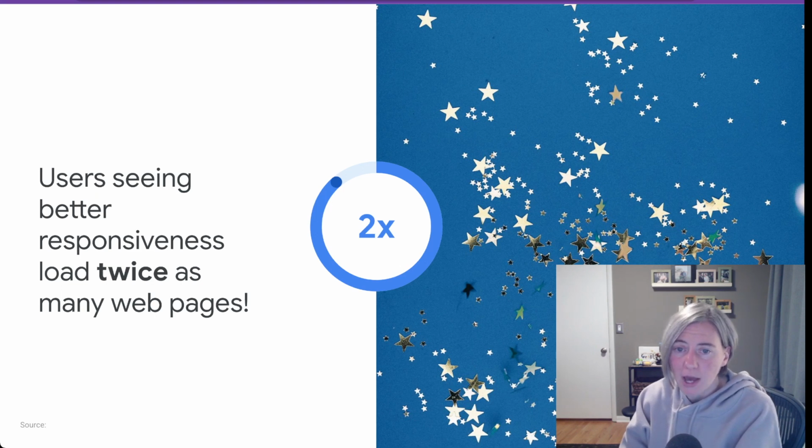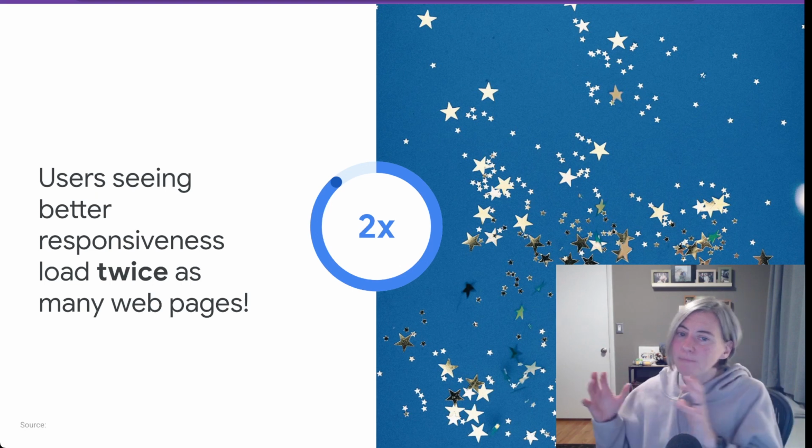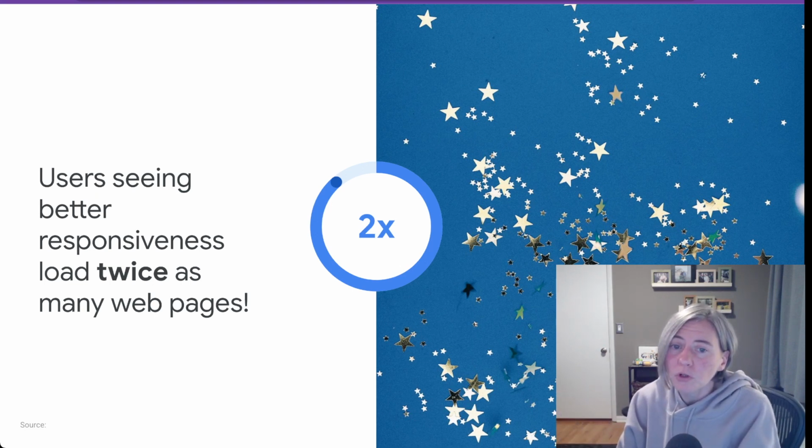When we look at the data we have in Chrome, if we split users into groups of those who experience good Interaction to Next Paint at least 75% of the time, and those who do not, we see that the users experiencing good Interaction to Next Paint load twice as many web pages as the users who do not.